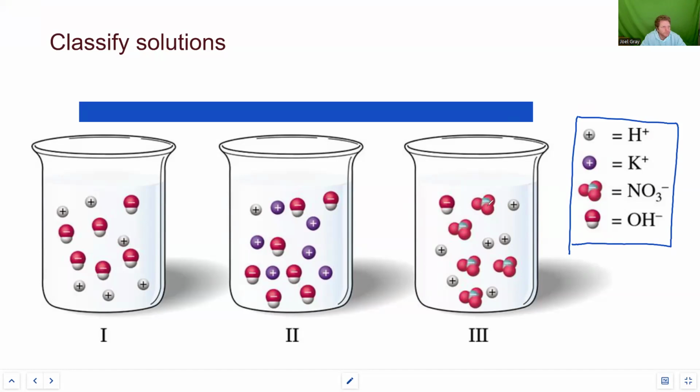Okay, but we want to look at this and say, what is there a greater concentration of? Effectively, what we're comparing is our hydrogen ions and our hydroxide ions, because those are the two that we're interested in, and those are the two that we care about more than any others.